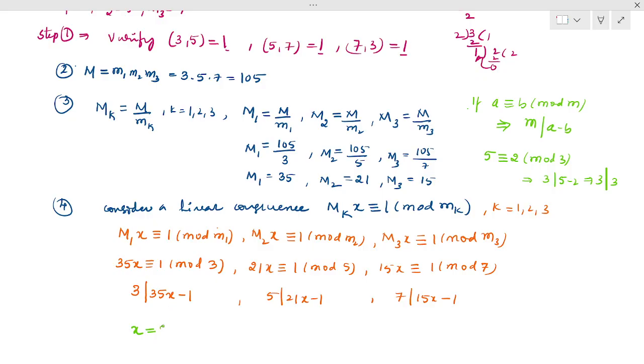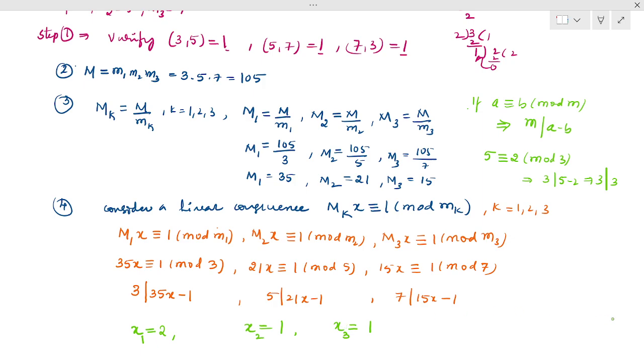Therefore x value is 2 here. This is by inspection method. Next, here x takes the value: by taking x equal to 1, 21 minus 1 is 20. Definitely 5 divides 20. Similarly, by taking x equal to 1, 15 into 1 is 15, minus 1 is 14. 7 divides 14. So therefore x value is 1 here, and you call this x1, x2, this is x3.